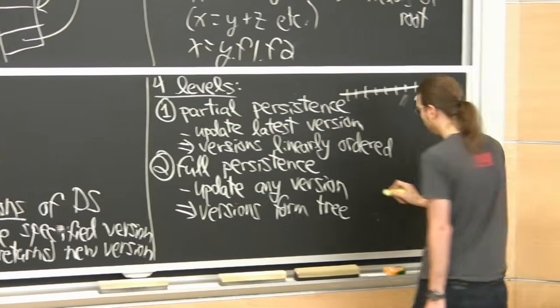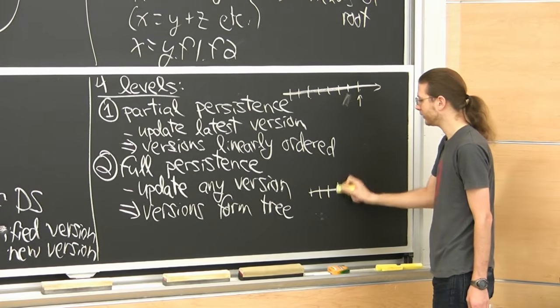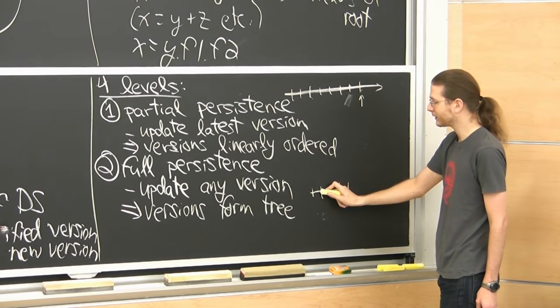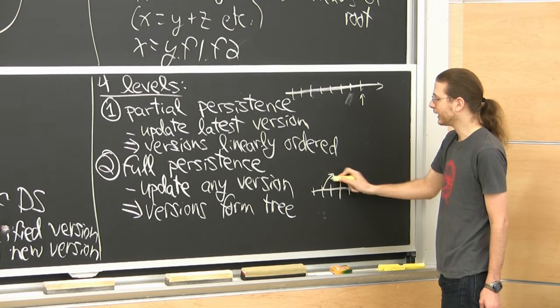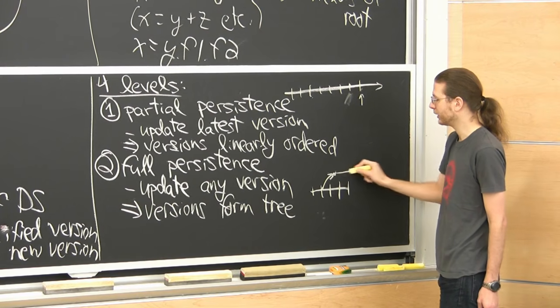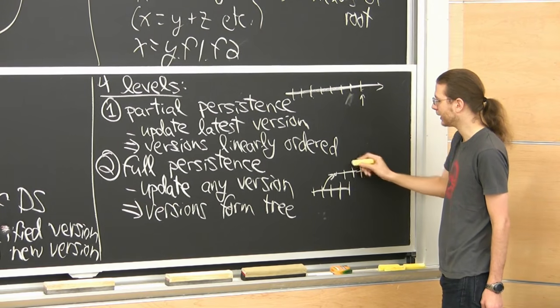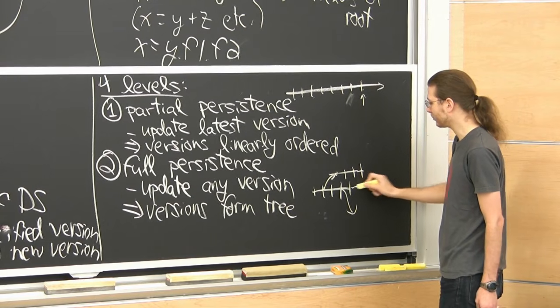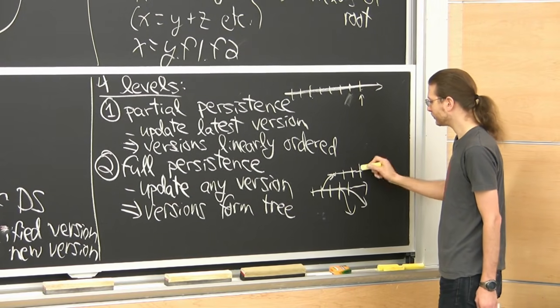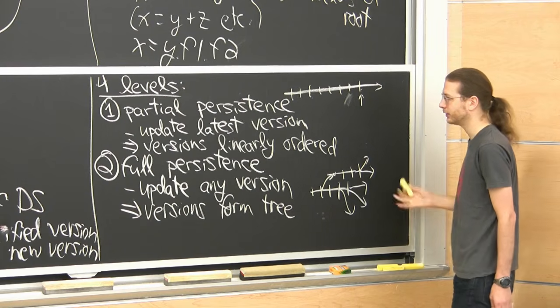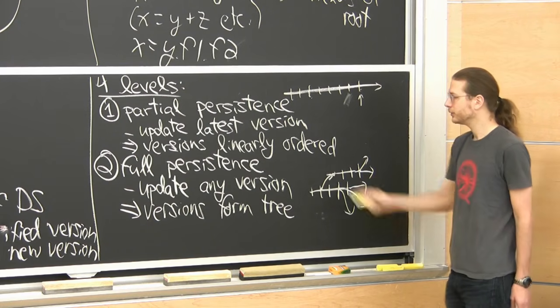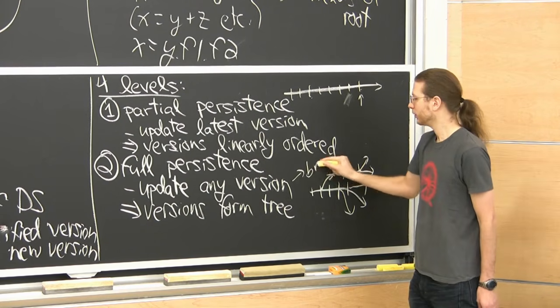In this model, maybe you initially have a nice line of versions, but now if I go back to this version and update it, I branch, get a new version here. And then I might keep modifying that version sometimes. Any of these can branch. So this is why I call it the branching universe model. When you update, you branch.